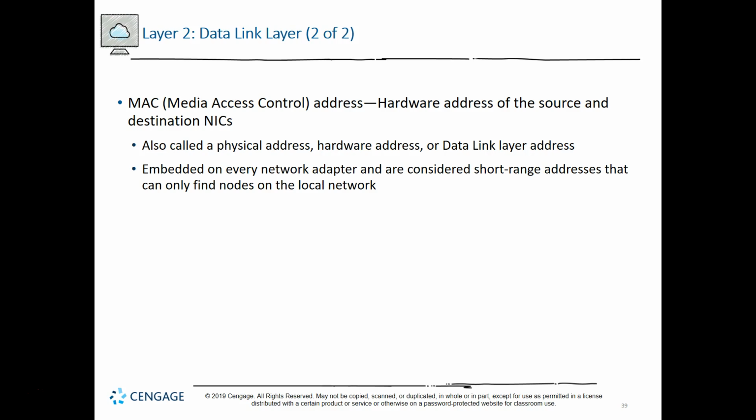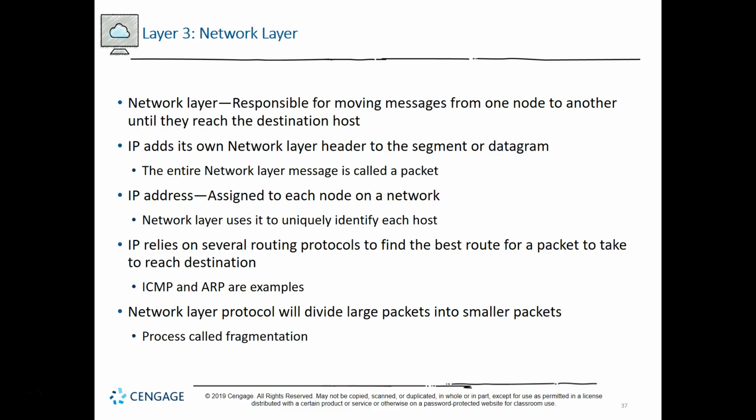But this data link layer is where that gets added to our information. So when you send out a message, it gets a lot of other stuff added to it so that message knows where to go, what kind of protocol it is. So we're going to look at one more layer here really quickly. And I want to look at the network layer.